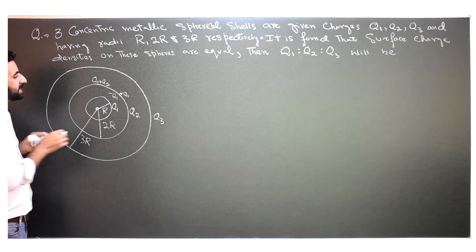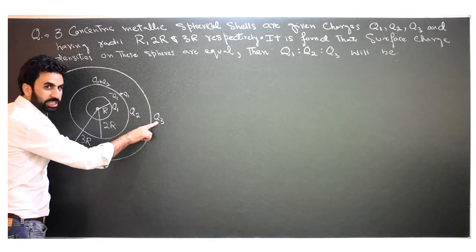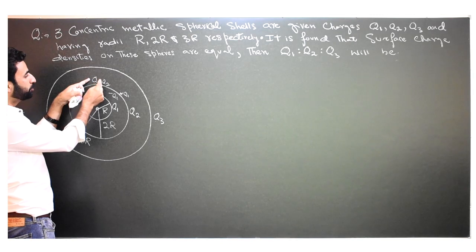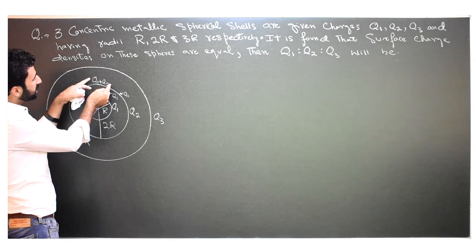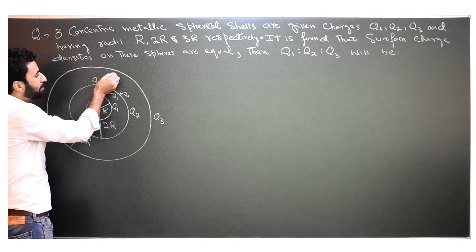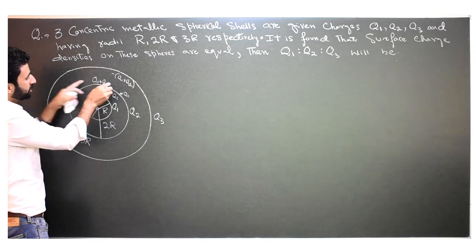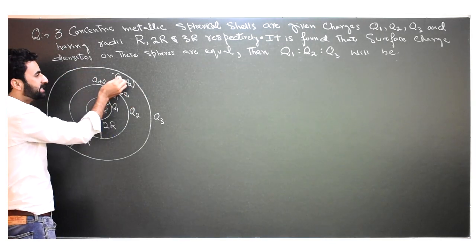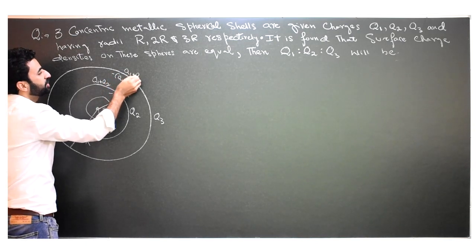As far as the third spherical shell is concerned, it already has a charge of q3, but on the outer side of the second shell you now have a charge of q1 plus q2, because q2 was the original and q1 is due to charge by induction. So this charge q1 plus q2 will induce a charge minus (q1 plus q2), equal in magnitude but opposite polarity, on the inner side of the third shell, and a similar magnitude of charge will be induced on the outer side of the third shell.